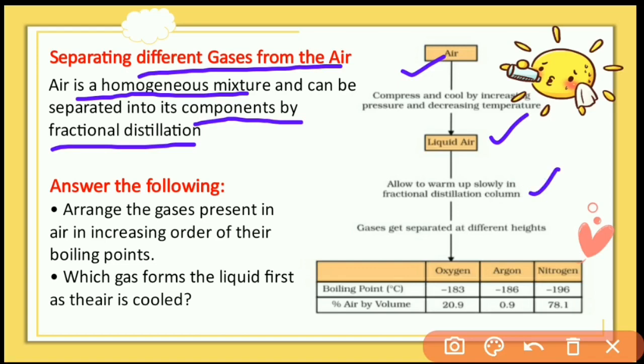Here oxygen has a boiling point of minus 183 degrees Celsius, argon minus 186 degrees Celsius, and nitrogen minus 196 degrees Celsius. So the question is, arrange the gases present in air in increasing order of their boiling points. Nitrogen has the lowest boiling point, then argon, and then oxygen.